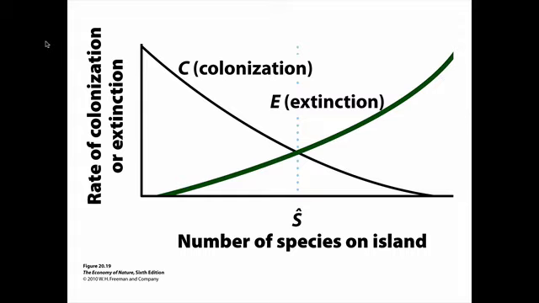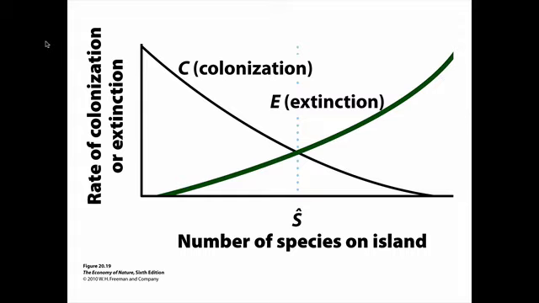So it's important to understand that rationale. What we're comparing here is the rate at which new species arrive. That's going to be 100% when there's nobody on the island. And when the species on the mainland are represented on the island completely, then it's not possible to get a new species, because the species are all already there.